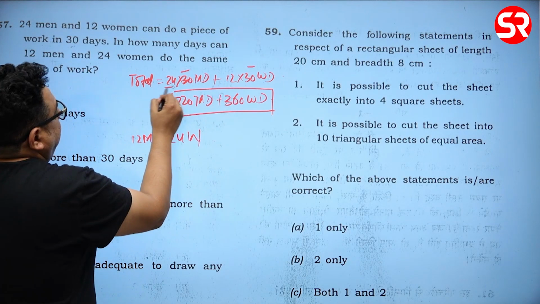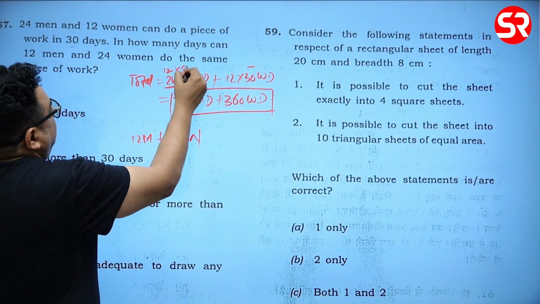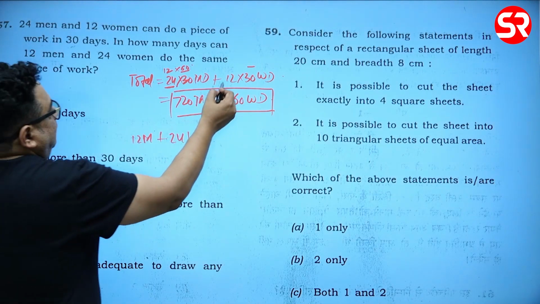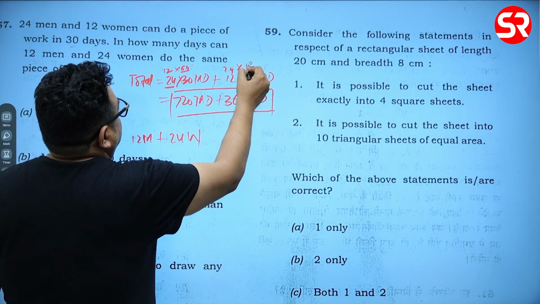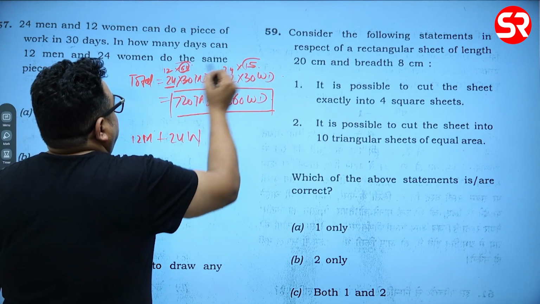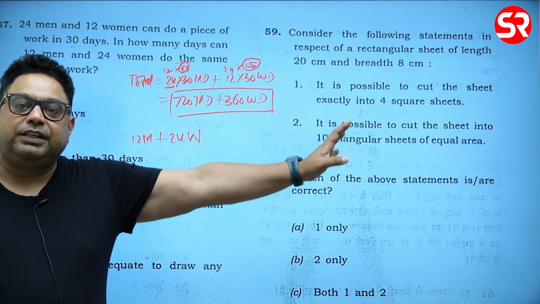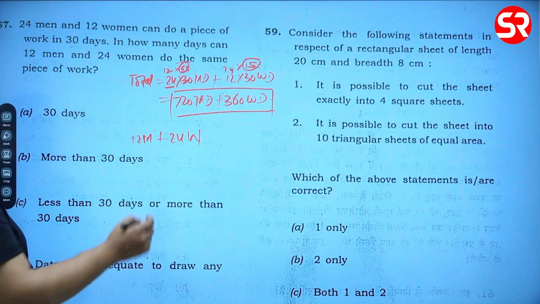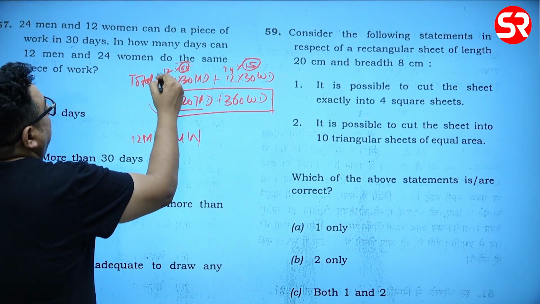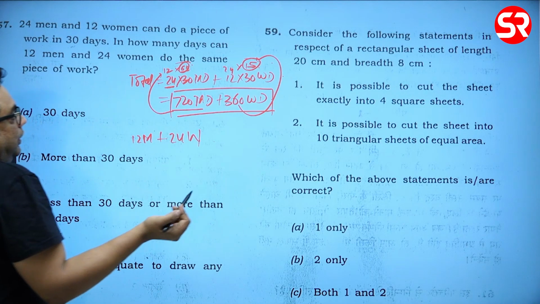If you would try to make 12 over here, it would actually be 12 into 60, and women, if you try to make 24 over here, it would come out to be 24 into 15. So these 2 days are not common. They are simultaneously working for 30 days, that's the reason we multiply by 30, isn't it? Now you cannot say, sir, this is 720, so let it be 12 into 60 and let this be 24 into 15. No, it won't work.